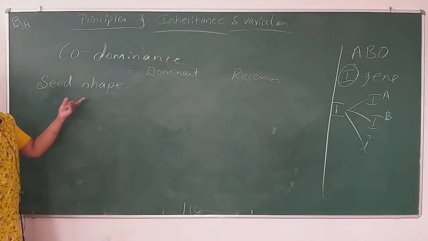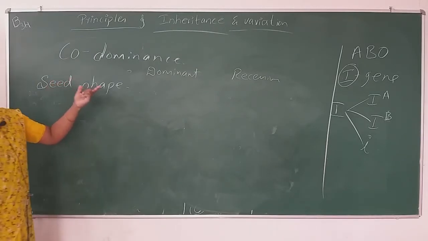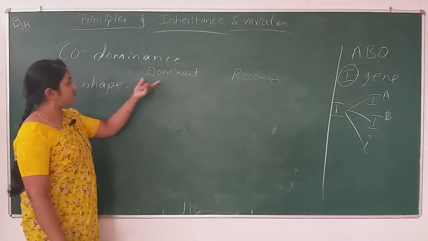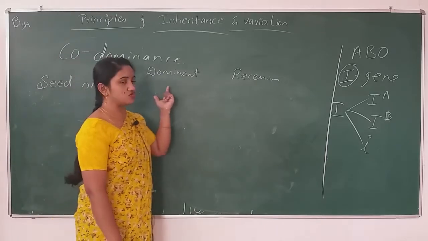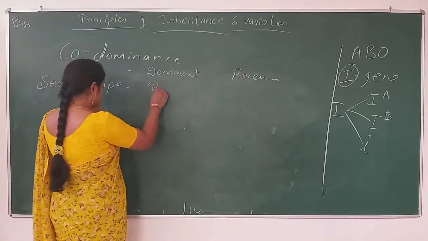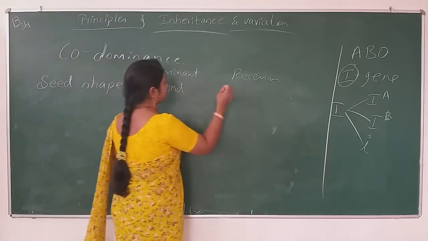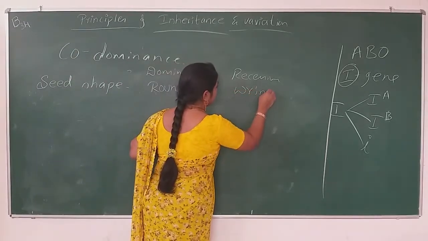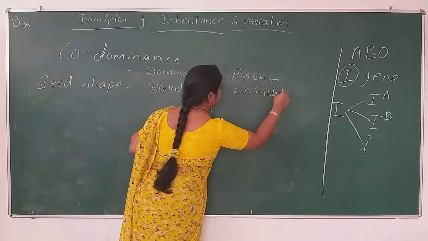Turn the page and look at the seed shape. Which character was dominant and which was recessive? The dominant one is round and the recessive one is wrinkled, right?